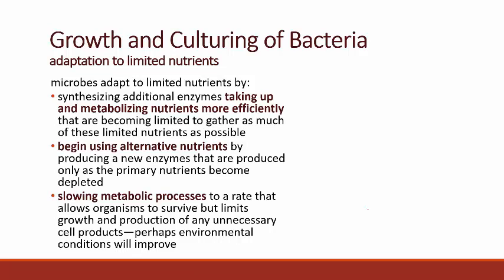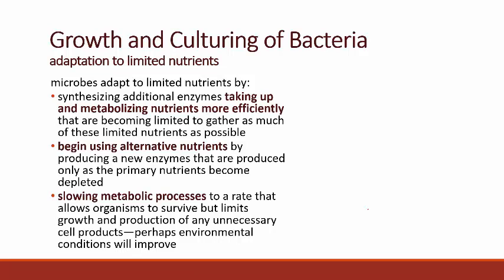When things are limited, you've got to build more finders to go find the nutrients that are available. The second is that bacteria will shift their metabolic processes so that they can use alternative nutrients in place of the preferred nutrient. As the preferred nutrient becomes less and less common, they just shift to using alternative nutrients.